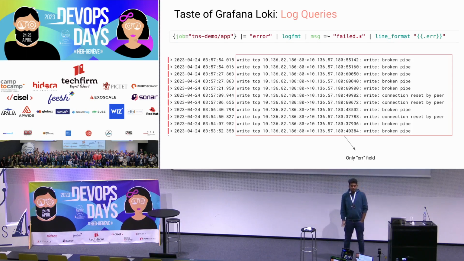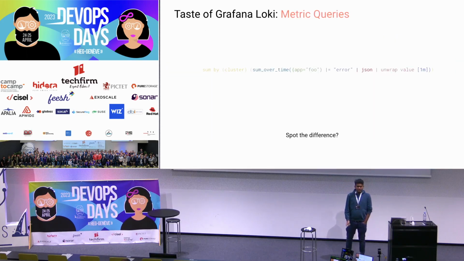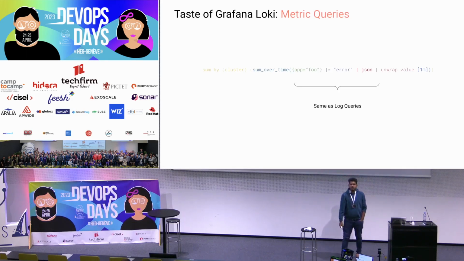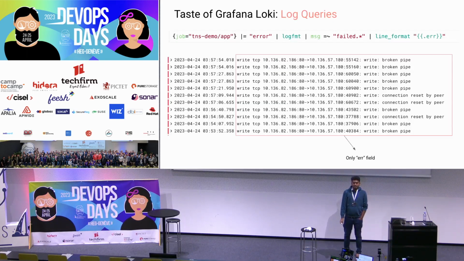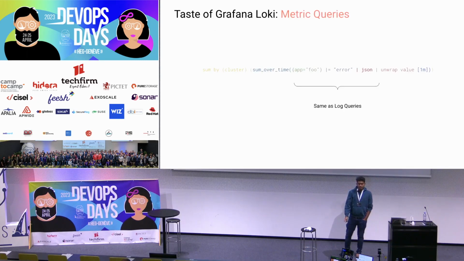Yeah, that's the idea. The next one is metric queries. What's the difference here, right? What you see in that section is almost the same as the log queries you saw previously.